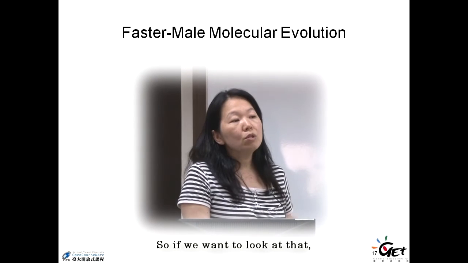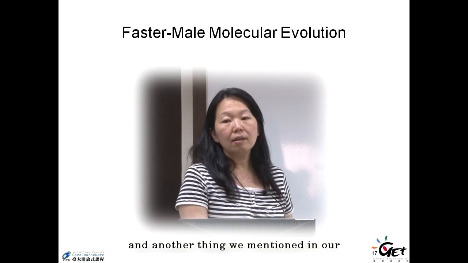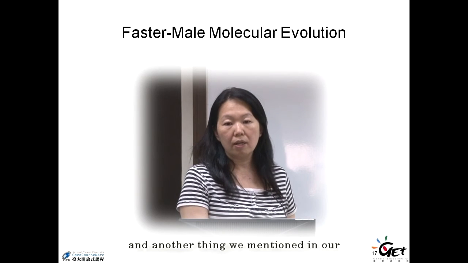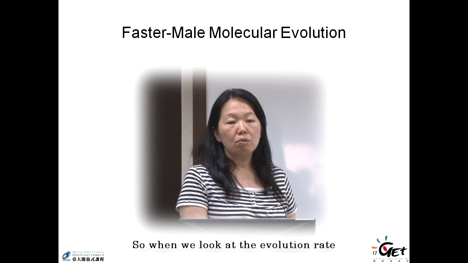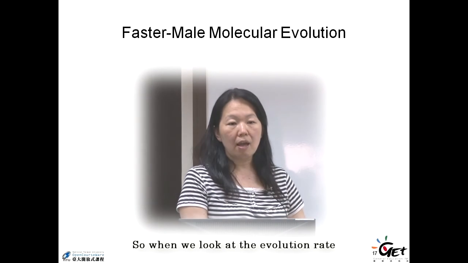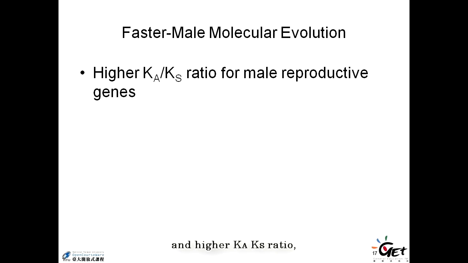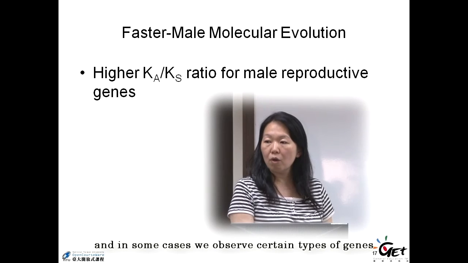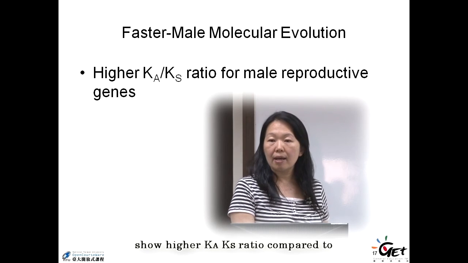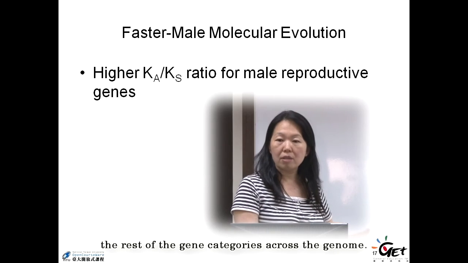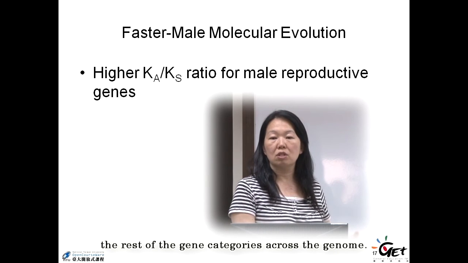Another thing we mentioned in our textbook is fast male evolution. When we look at the evolution rate and higher Ka/Ks ratio, in some cases we observe certain types of genes show higher Ka/Ks ratio compared to the rest of the gene categories across the genome.